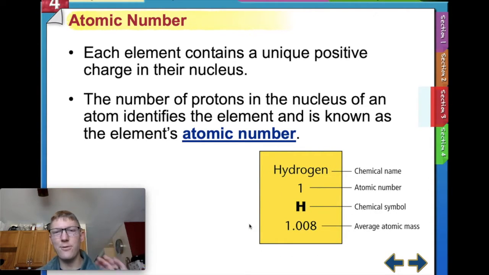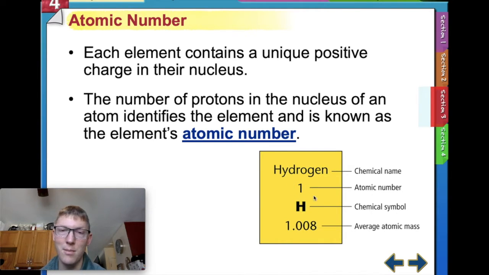Now, they all kind of differ a little bit, but they all have typically the same type of information. So we've got the atomic number, which is right here, which is the amount of protons. So that's located right here.